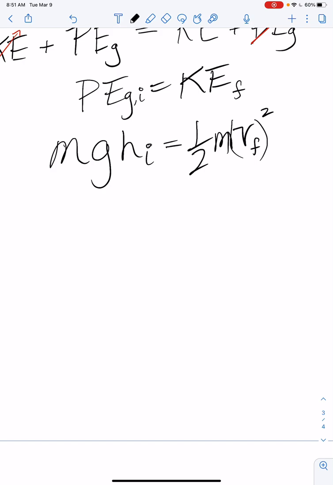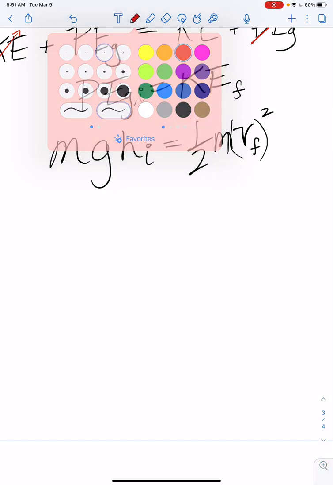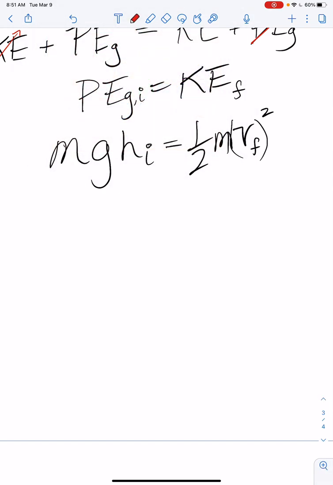Looking at this, we can see something really nice here, and that is that the masses can cancel away because we have a mass on each side. So that's just us dividing each side by m, and we can do that and cancel the m's there, and it's all good.